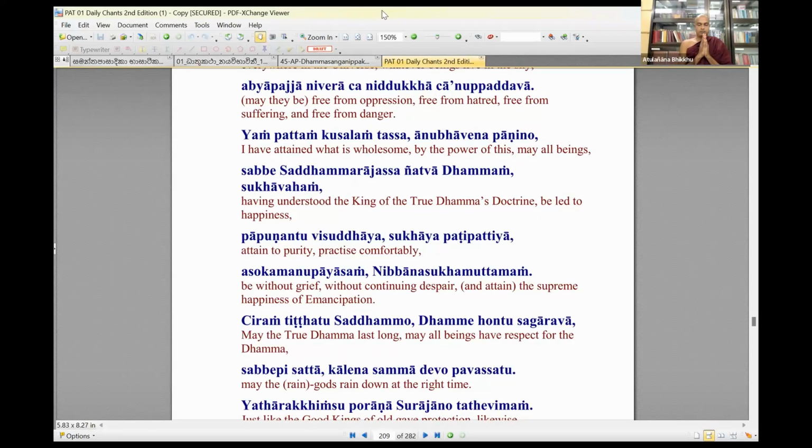May this kusala kamma be a supportive factor for our teachers, for our Dhamma friends, donors, and everybody to attain nibbana. May this kusala kamma be a supportive factor for all the beings in this world and the other worlds to attain nibbana. May all the beings in this world and the other worlds become happy, healthy, and peaceful. And with all these wishes, we'll share the merits by reciting the final stanzas of the Abhidhamma commentary.